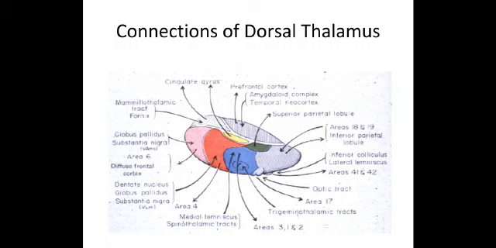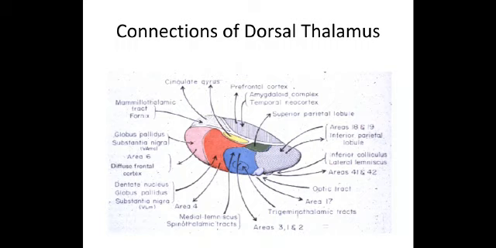The sensory visceral fibers from the hypothalamus terminate on the medial part of the thalamus. So these are the afferents, along with the cerebellar afferents from the opposite side, which terminate on the ventrolateral nucleus. The rubrothalamic tract, where the fibers from the red nucleus of the same side terminate on the ventrolateral nucleus.